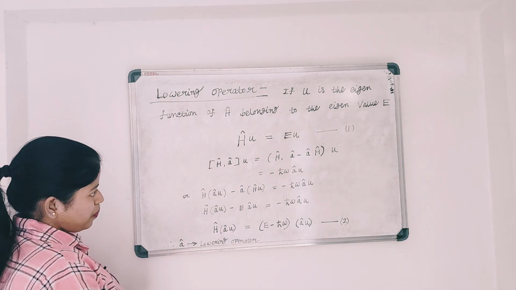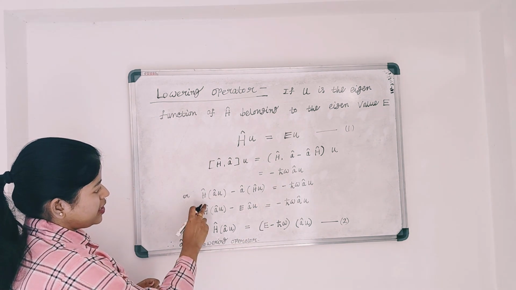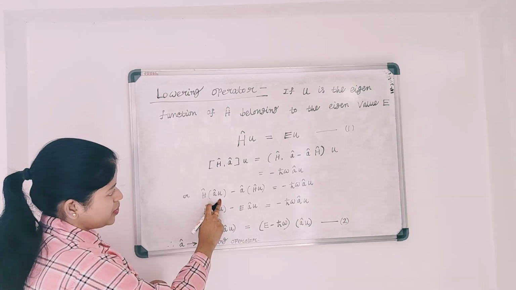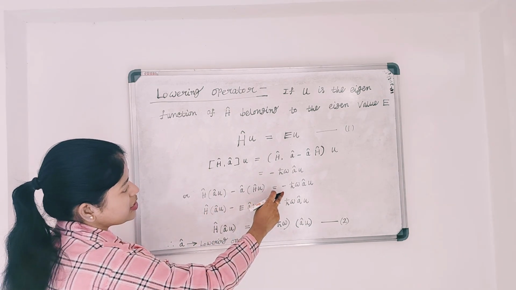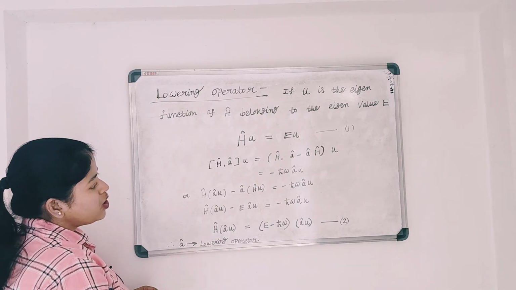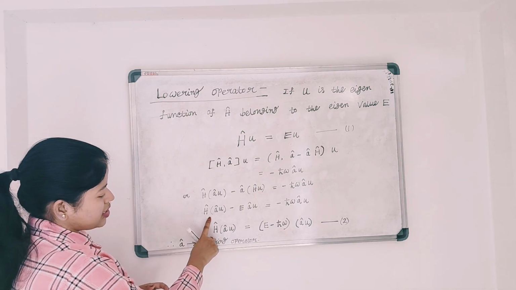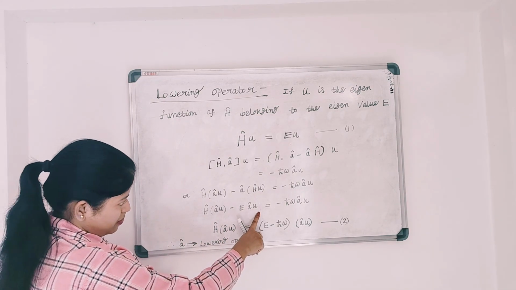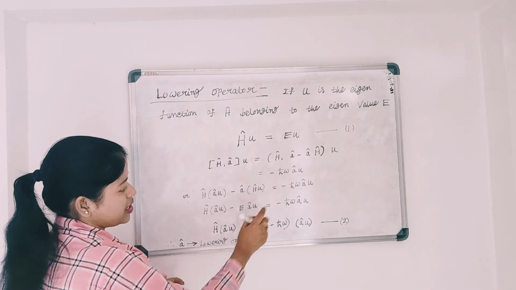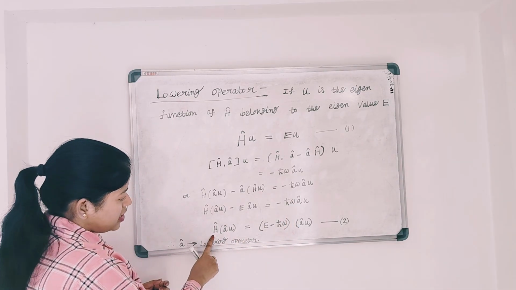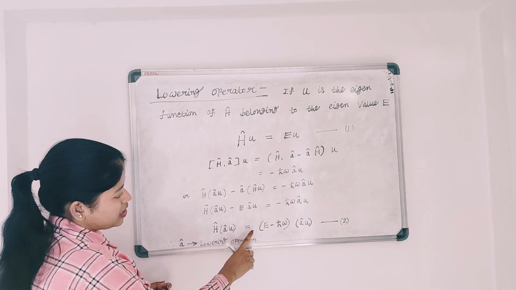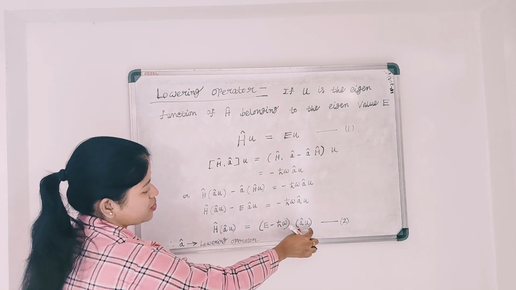Now, if we apply the h cap operator on a cap u and the a cap operator on h cap u, we get minus h cut omega a cap u, or we may write it in this way: h cap a cap u minus e a cap u is equal to minus h cut omega a cap u, or we can simplify it to say that the h cap operator acting on a cap u will give us e minus h cut omega into a cap u.